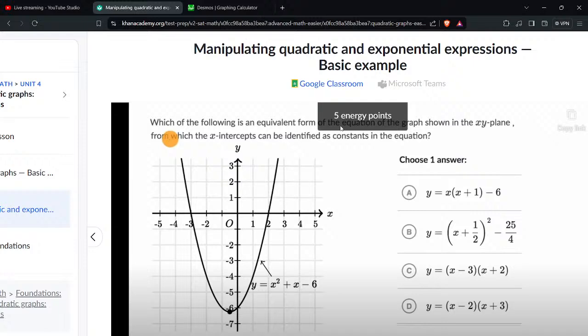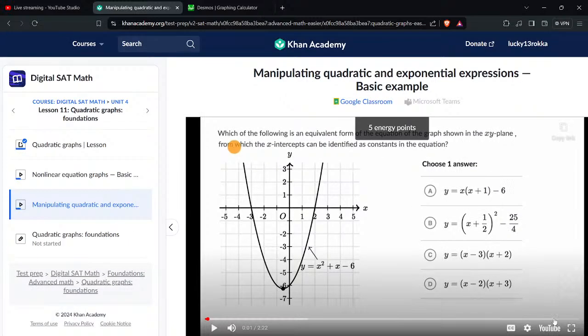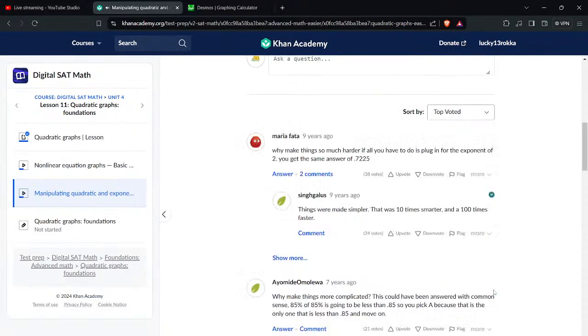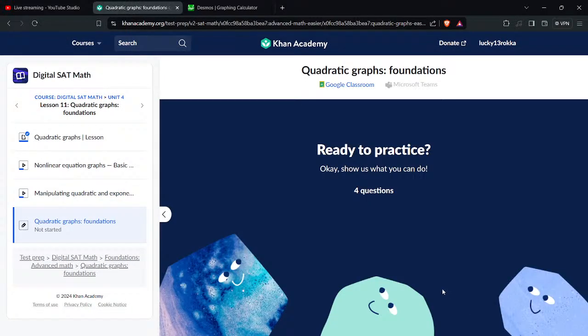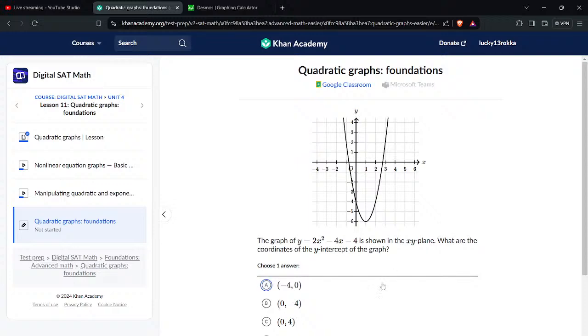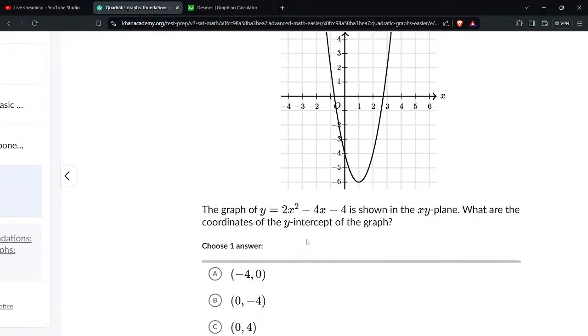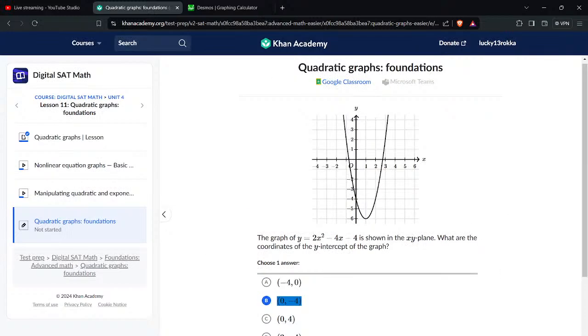Right, D is the right answer. X equals 3 and x equals... Let's go! Okay, the graph of y equals... so you want the coordinates of the y-intercept of the graph. It's minus 4, comma 0. That's B.